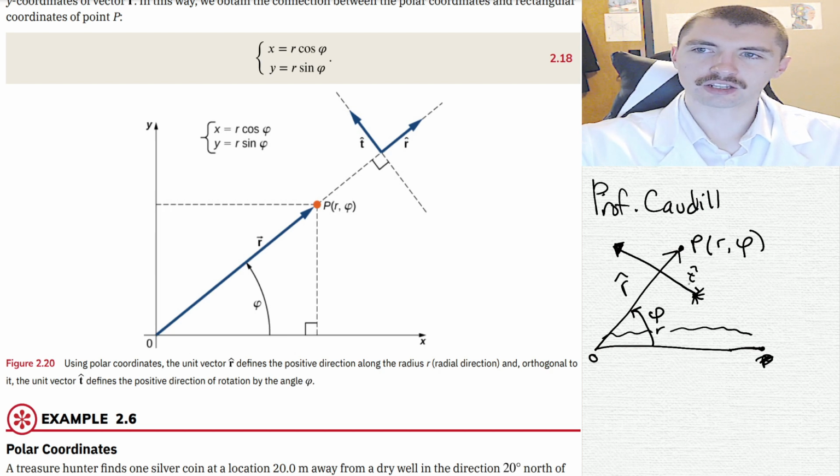So instead of saying X, Y, it's saying the length and the angle. And phi is in radians, right?